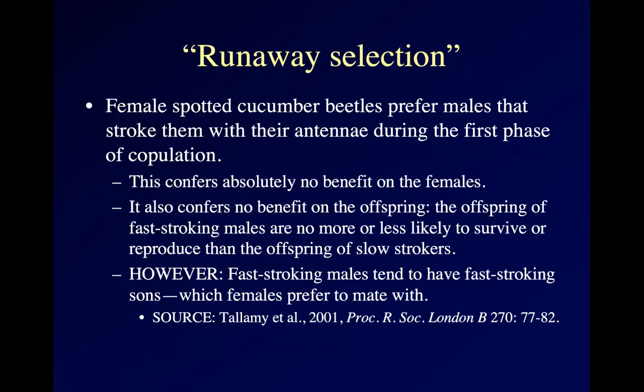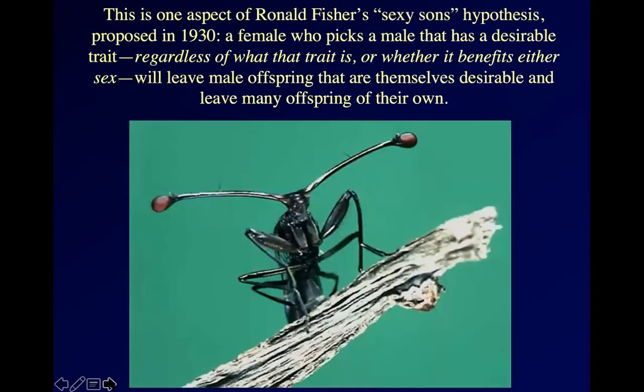So if you are a slow stroking male, you're less likely to reproduce. If you do reproduce, your offspring are at a disadvantage because what all the females want is fast stroking males. So slow stroking males tend to get selected out, and there's no particular reason why other than this is the way it's worked out. That's runaway selection for you.